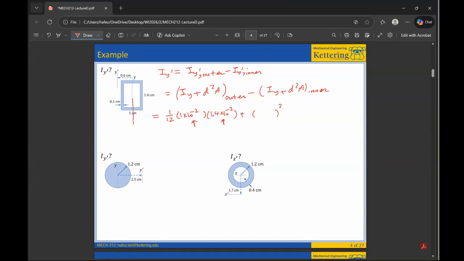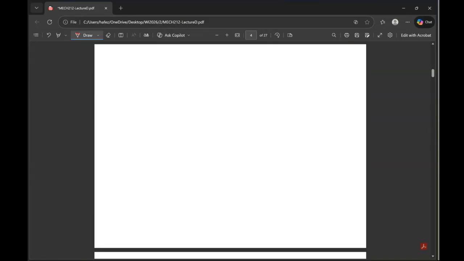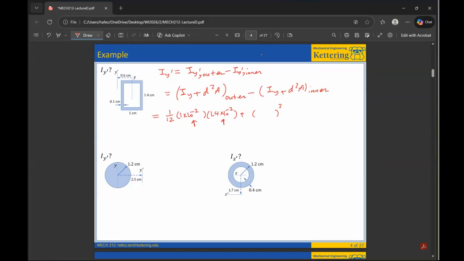So y is in this direction. Perpendicular to that is this. So really 1 centimeter should be cubed. The offset is given here as 0.6 centimeters. So all of this is for the outer.